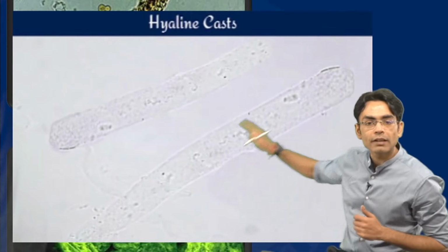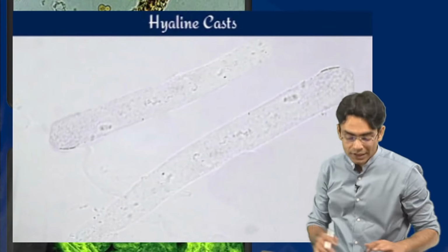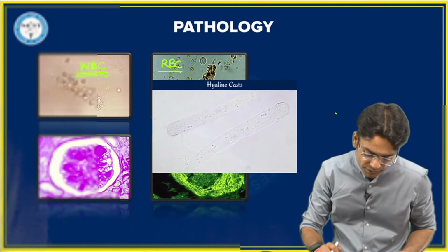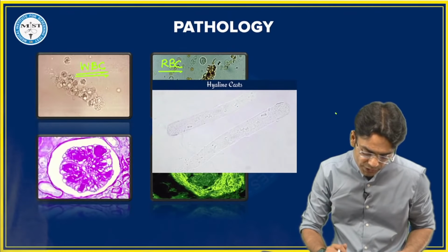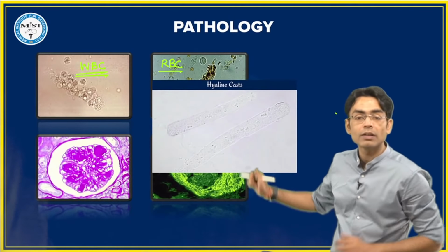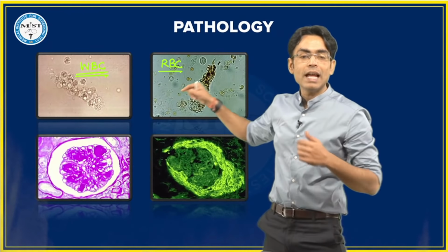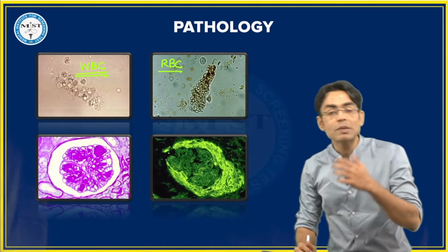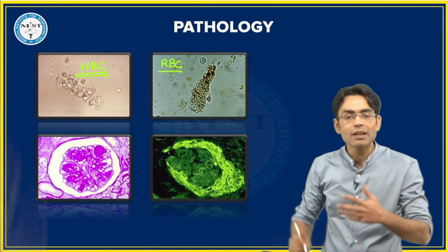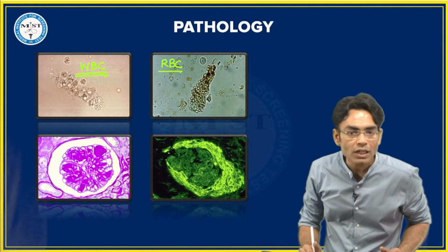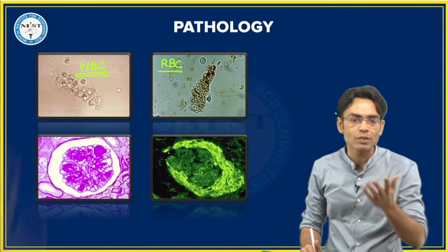There's nothing inside, right? The cast which I showed earlier is not the hyaline cast. This one is the WBC cast, which is seen in pyelonephritis. And this is your RBC cast, which will be seen in nephritic syndrome probably. But if nephritic syndrome is not given, then even in glomerulonephritis, you will see this.